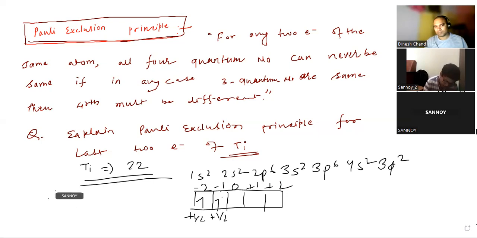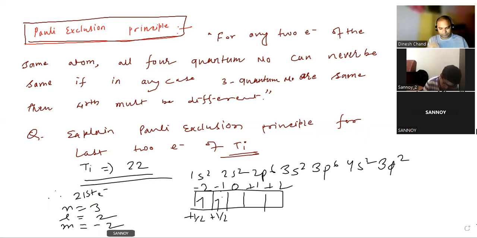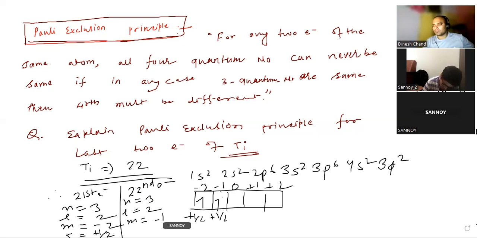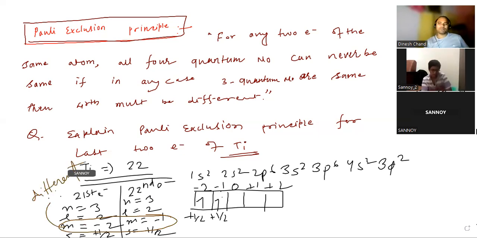Therefore, for the 21st electron, n equals 3, l equals 2, m equals minus 2, s equals plus half. For the 22nd electron, n equals 3, l equals 2, m equals minus 1, s equals plus half. So we can see that this one is different. Hence proved, right? Yes, sir.